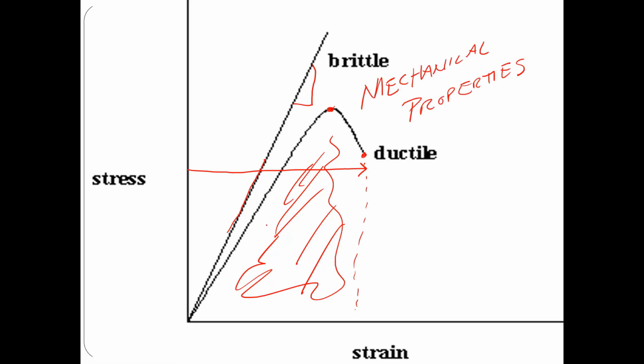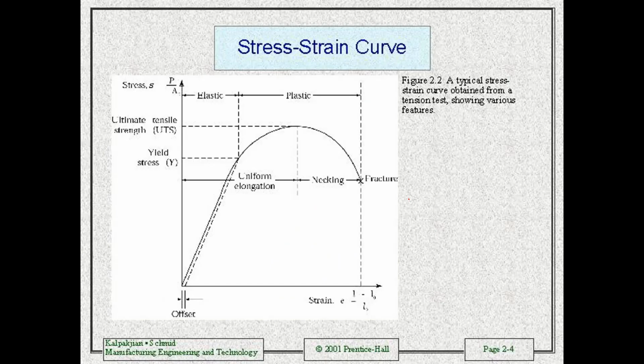We can derive almost all, if not all, of our mechanical properties off from a good stress strain curve from a given piece of material. On page 28 in your book, it starts talking about toughness testing, which toughness is the area under the curve here. So know the difference between toughness and strength.